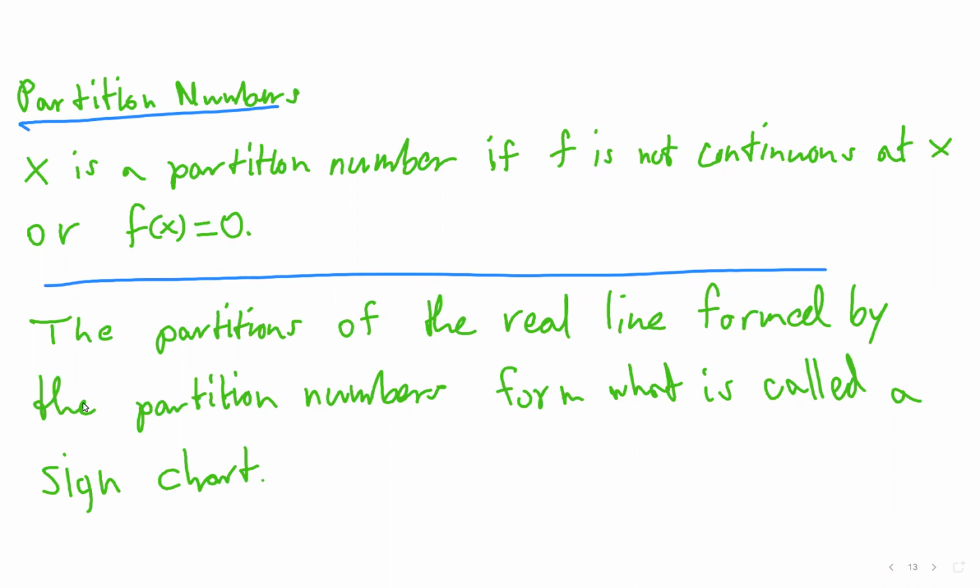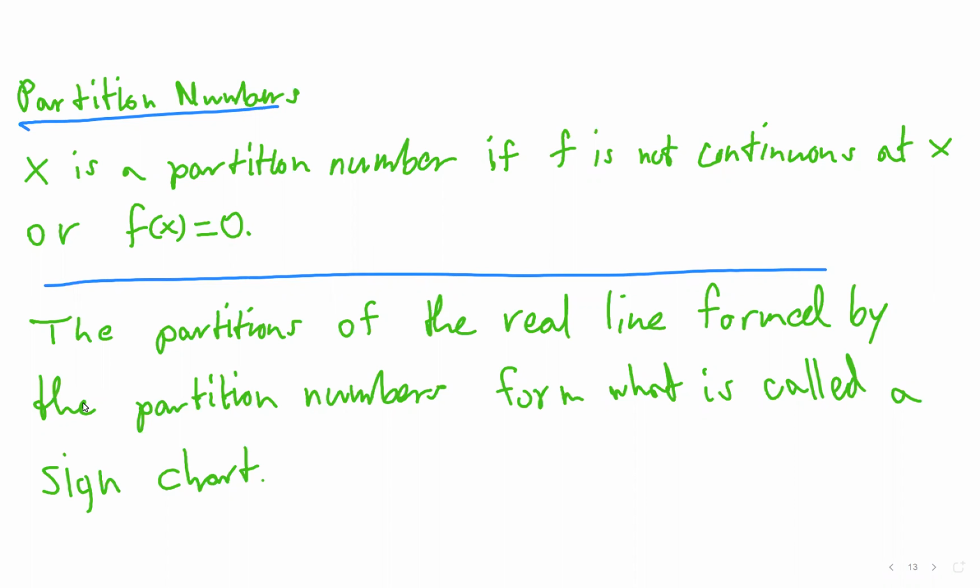What it gives is these areas where we have continuous intervals, which are either going to be positive or negative, in large part because of the way we defined what the partition numbers are. If an interval is continuous and it cannot reach 0, it won't be able to cross into the negative values.